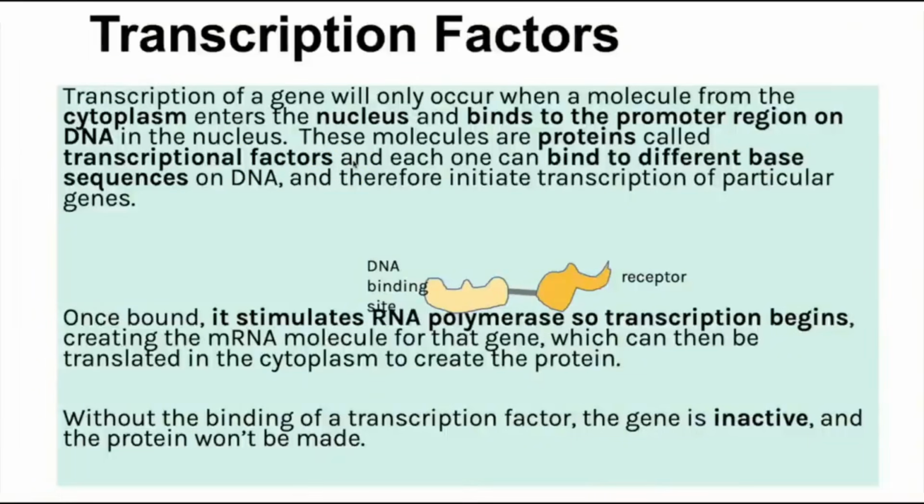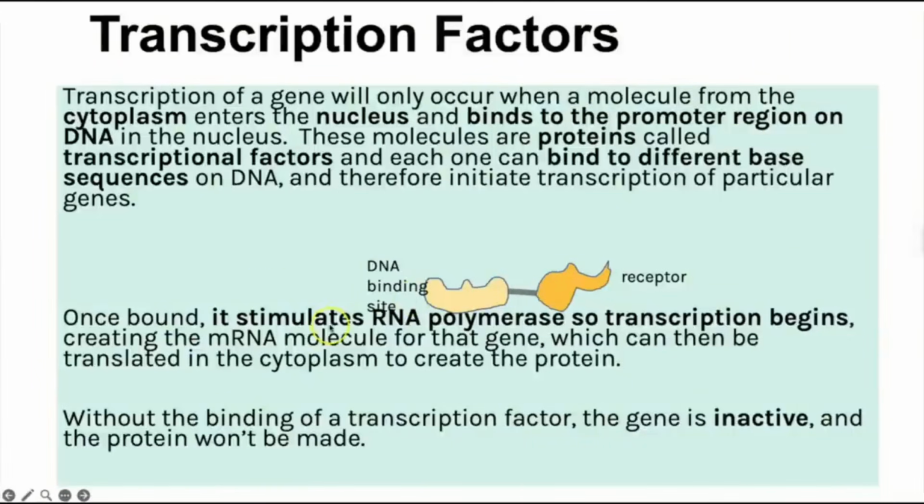Each one can bind to a different and particular base sequence of DNA. And this links back to topic 1: because transcriptional factors are proteins, they have a unique tertiary structure, which gives it that unique 3D shape. That means it will be able to bind to a sequence of bases complementary in shape. So remember that concept of tertiary structures and complementary shapes.